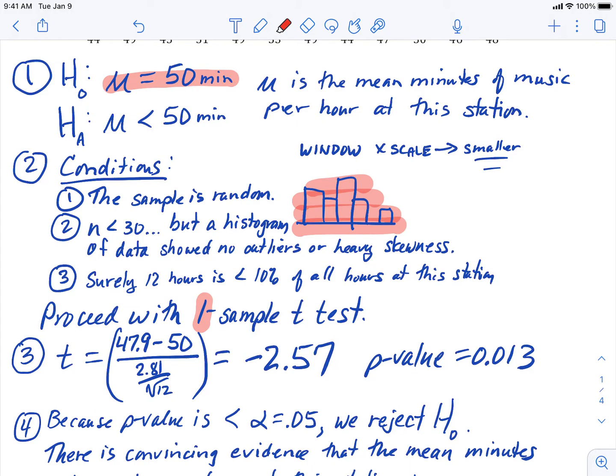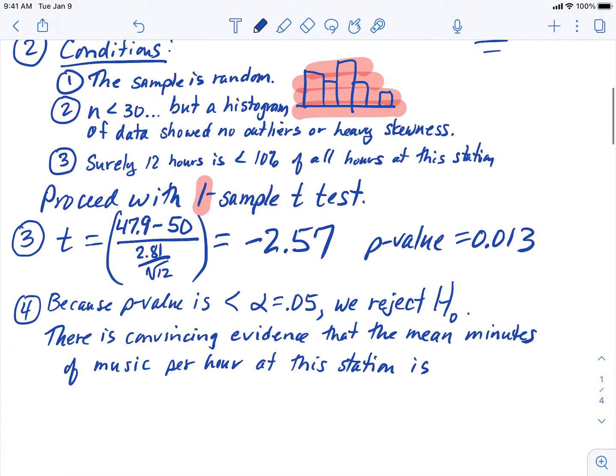We rejected that. Well, if you reject that, then you must believe the alternative. So we conclude by saying it's less than 50 minutes. The mean music is less than 50 minutes. That's our conclusion. And it's convincing because the p-value is less than the alpha level.